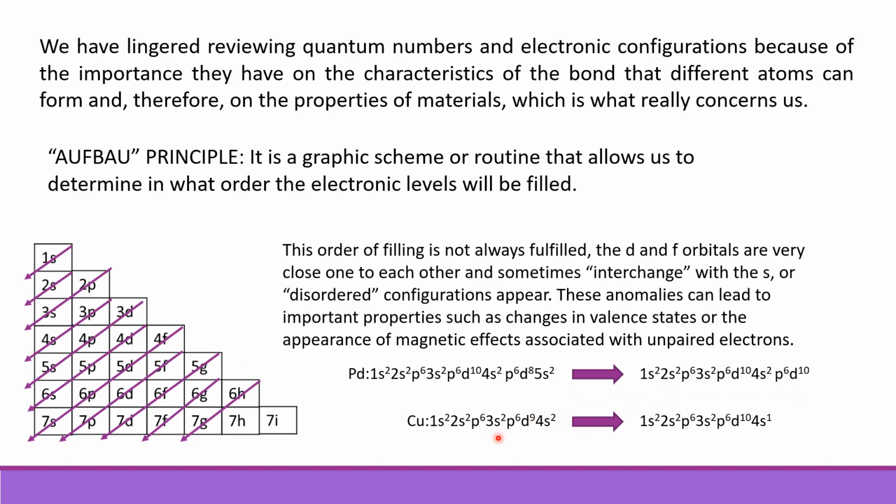In the case of copper, something similar. 1s2, so we fill one shell, 2s, 2p, 3s, 3p, 4s, then we come to 3d. We can fill 3p, but 4s should be already filled, then 3d, so that means that we have this part here, 3s2, p6, d9, 4s2.